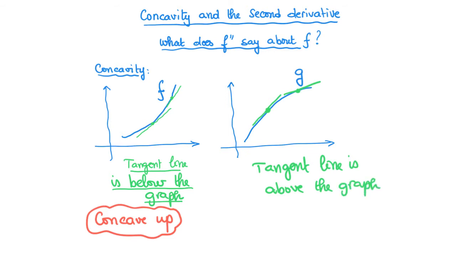In this case, we say that basically the graph is concave down. Okay, now that we know what concave means, the question is, how do we find where a function is concave up and where it is concave down?